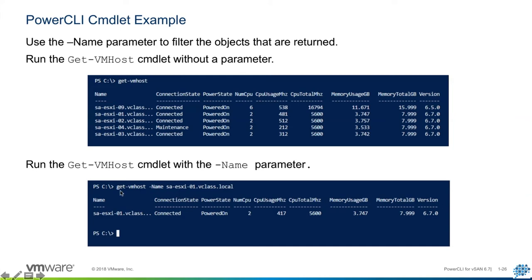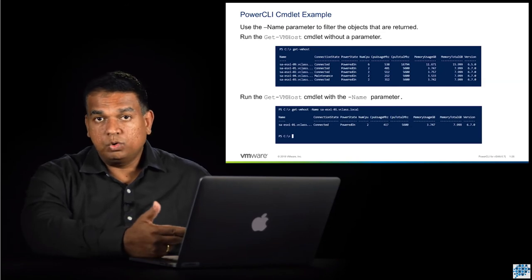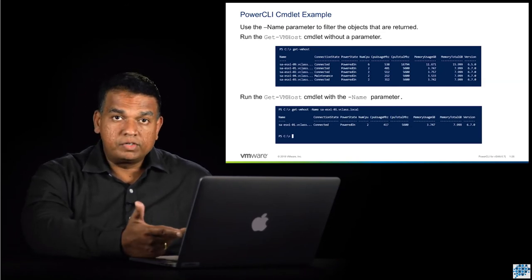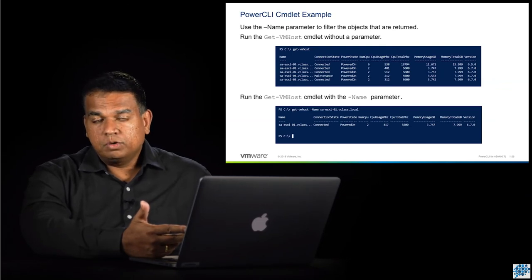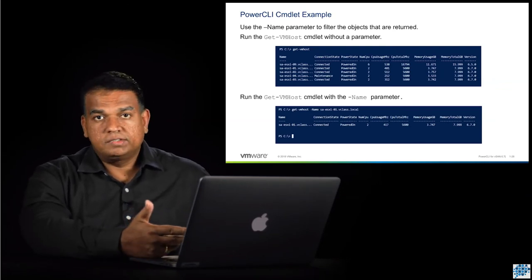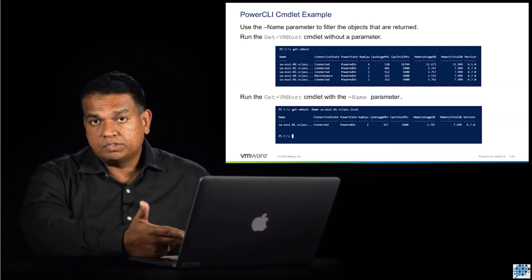So I type in Get-VMHost -Name and the name of the ESXi host, which gives me information on one host only. You can imagine, let's say you want information on virtual machines, and you have 500 virtual machines. You don't want to see the output of all the virtual machines. You want only the virtual machines you want to look at. So here your parameters will be useful.